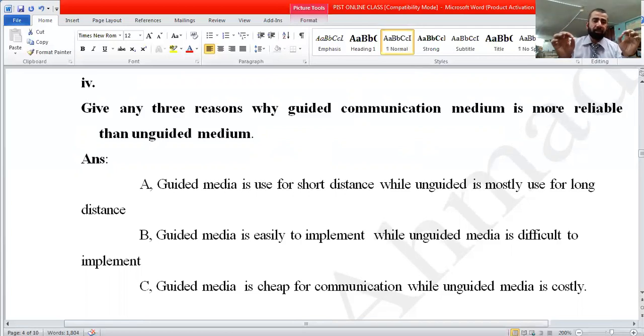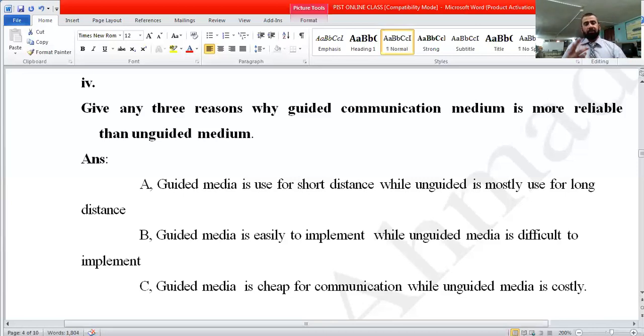Now the question is: give any three reasons why guided communication medium is more reliable than unguided medium. Means cable media is better than wireless media.